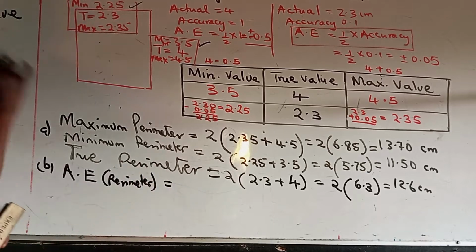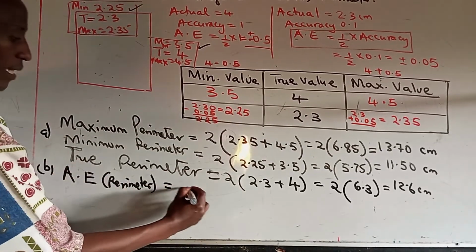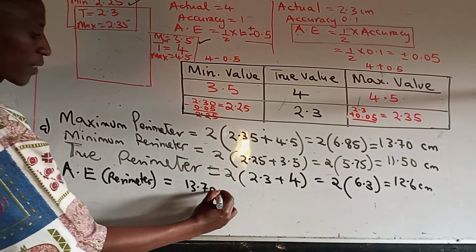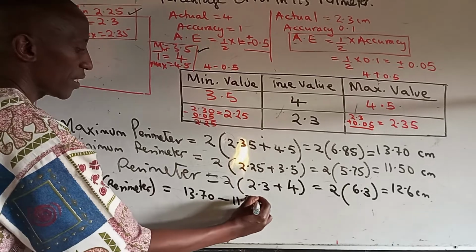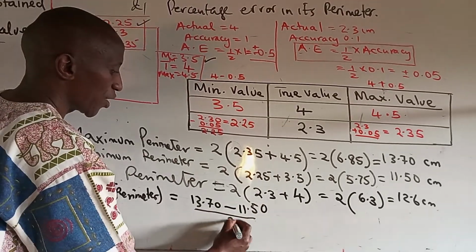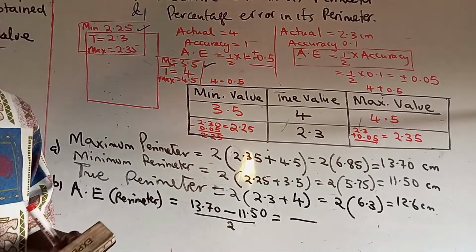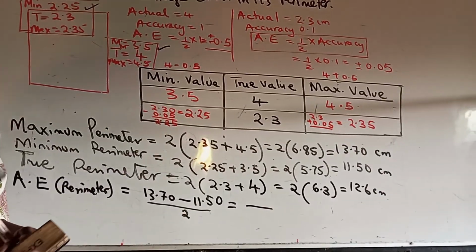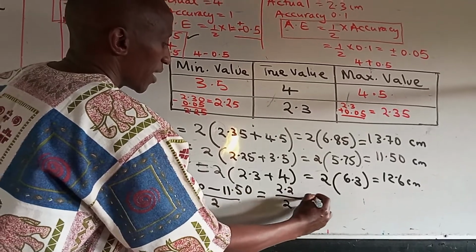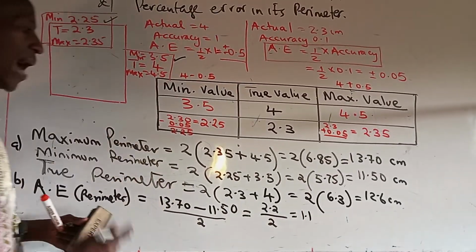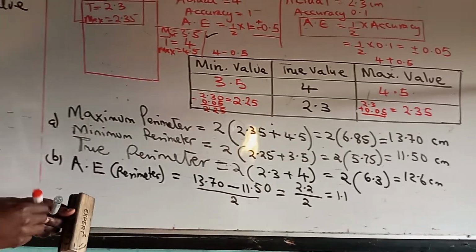This is from the formula maximum perimeter, which is 13.7 minus the minimum possible 11.50. The result we divide by 2, and that gives us 2.2 divided by 2, which is 1.1 as the absolute error.